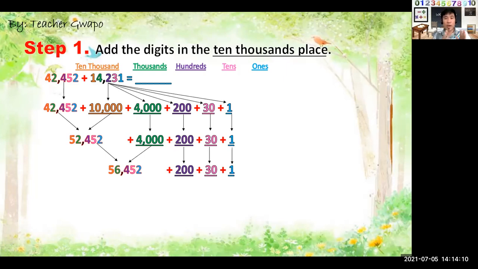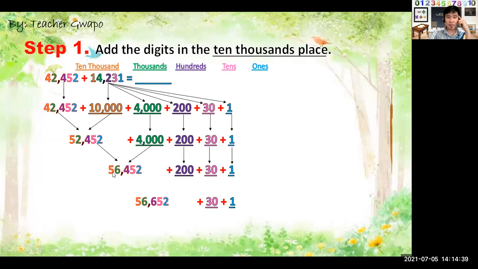So we are done in the 10,000s place and also in the thousands place. Now we are in the hundreds place. As you can see, the number changes. A while ago it was 42,452, and then 52,452, and the 2 became 6. Why? Because 2,000 plus 4,000 becomes 6,000.